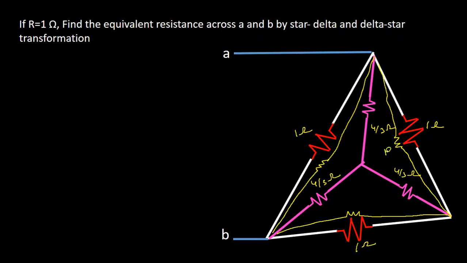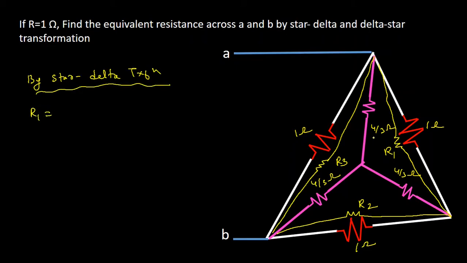Now let this be resistance R1, let this be resistance R2 and let this be resistance R3. So we have to find out R1, R2, R3 resistances of delta connected network by using star to delta transformation formulas. First we will find out R1. R1 will be equal to multiplication of the resistances present in the star connected network.